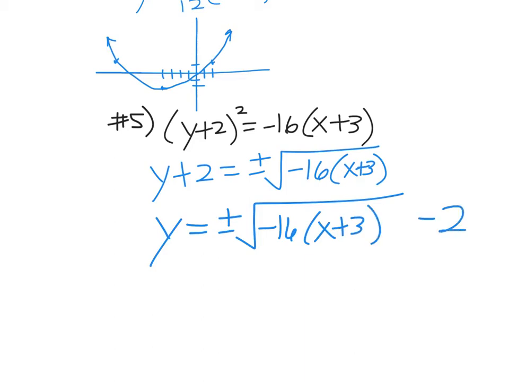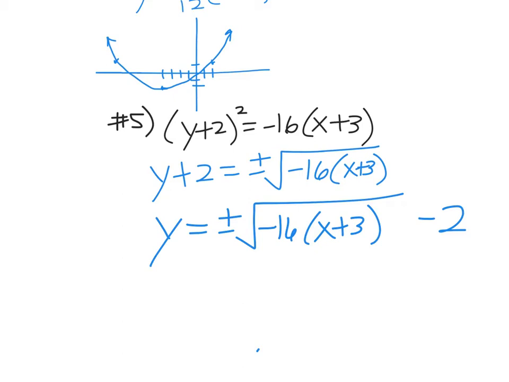When you graph this, you actually have to graph two equations, a y1 and a y2, because this is not a function. So you enter the square root of -16(x + 3) and then minus 2.